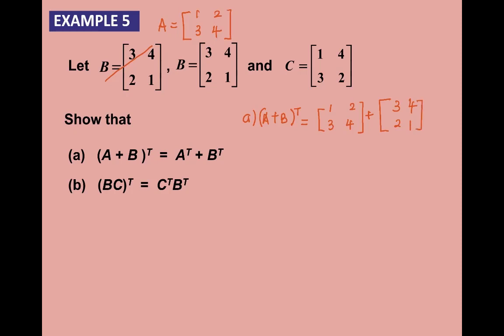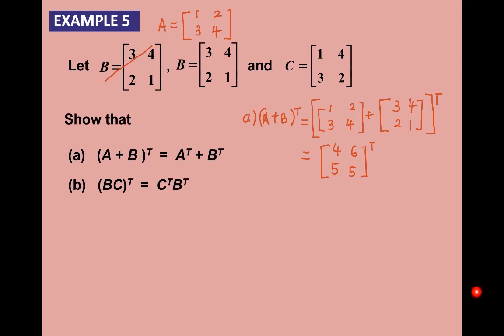So let's add these two matrices: 1 plus 3 is 4, 2 plus 4 is 6, 3 plus 2 is 5, and 4 plus 1 is 5. Remember, you still have to find the transpose.